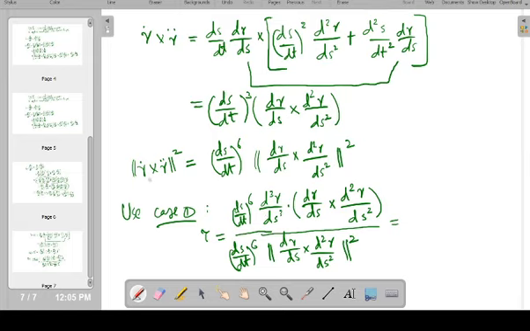The denominator is precisely the norm of gamma dot cross gamma double dot, squared. And what is the numerator? We have to see. It is d cube gamma divided by ds cube into... what is the numerator?